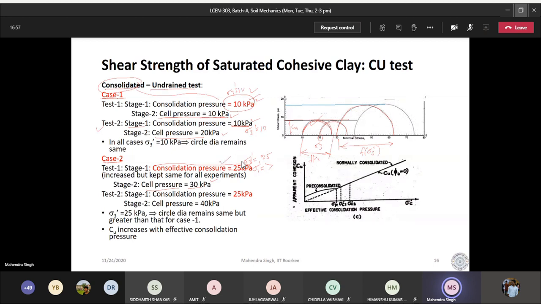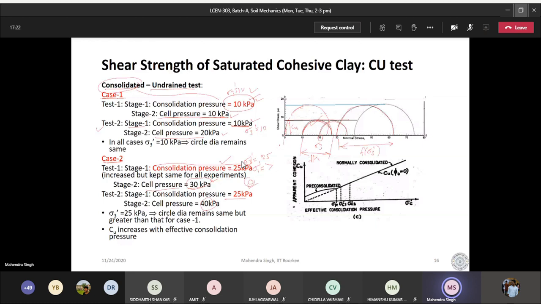The consolidation pressure we are keeping at 25 only, and the cell pressure we are varying. We can have 30, we can have 40, we can have even 0. In case of 0, you are going to get this circle and the pore water pressure will be negative. It will be an unconfined test.